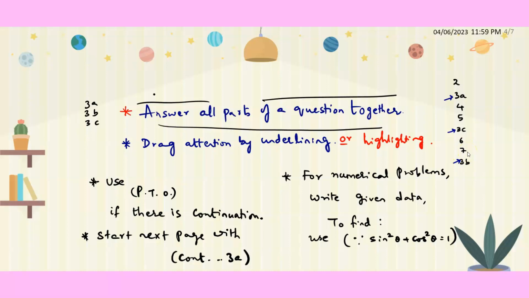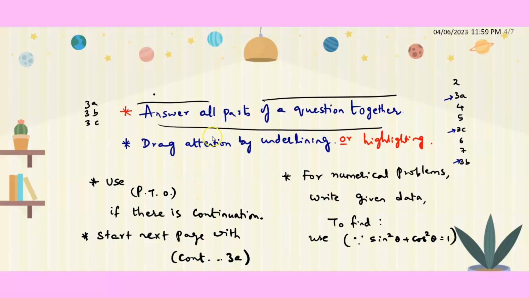It's very disturbing, and as I said, the evaluator will see your paper only for 5 to 10 minutes. So within that, if you write like this, chances are that they may skip your 3c or your 3b, and then you don't get those 5 marks, and then you start complaining that paper was unchecked, like some questions were unchecked.